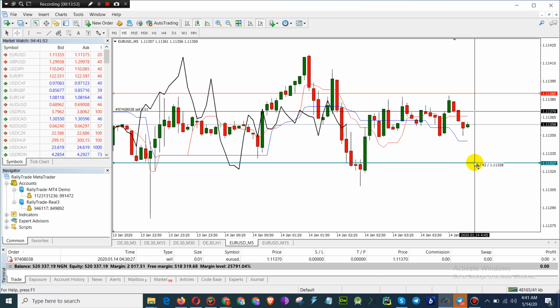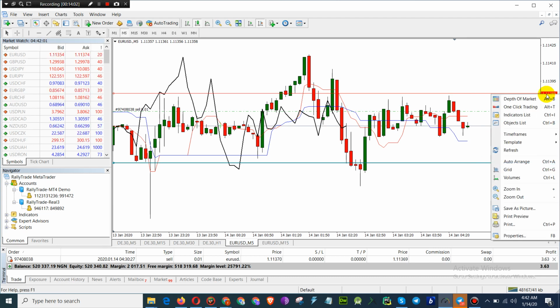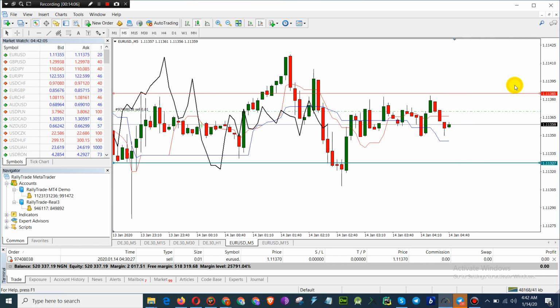So we are good to go. So we are going to note down these prices. This is 1.1385.